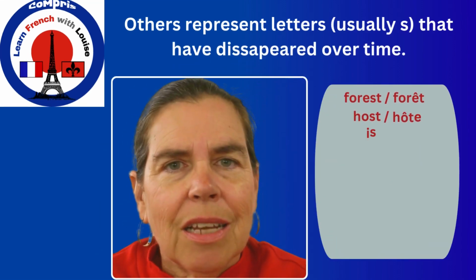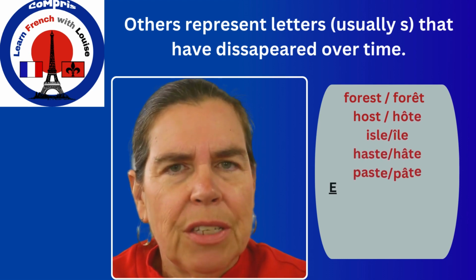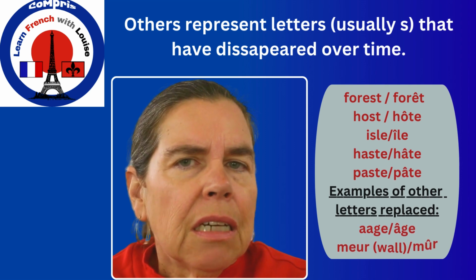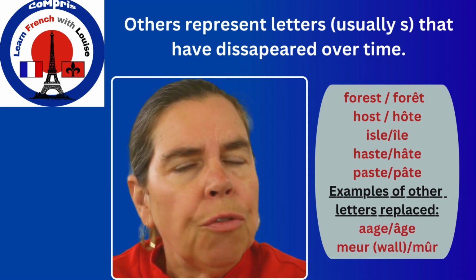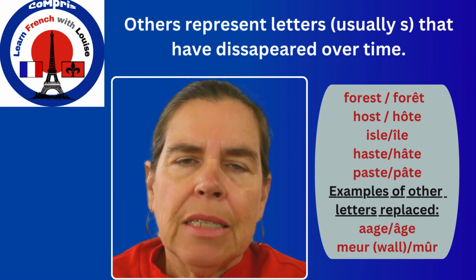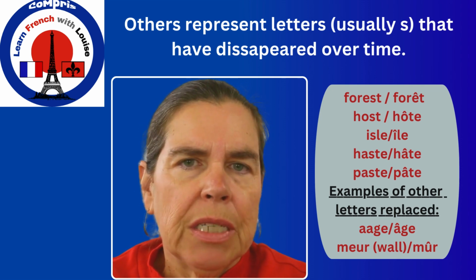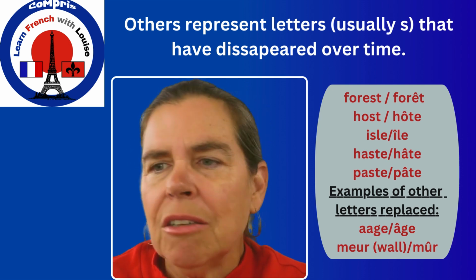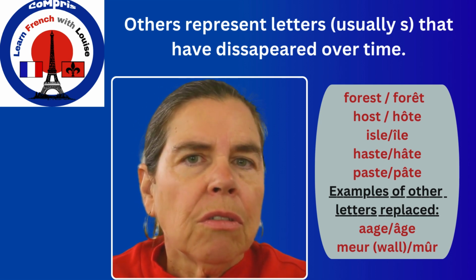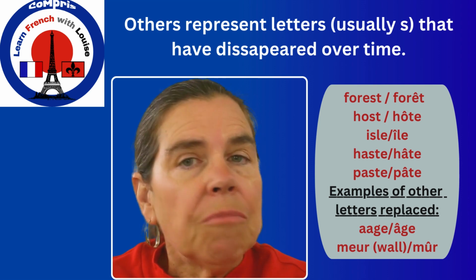Other accents represent letters that have disappeared over time. For instance, in the word forêt, there used to be an S, and that has disappeared over time and been replaced by an accent circonflexe. In the word hôte, host, same thing. Île, same thing.